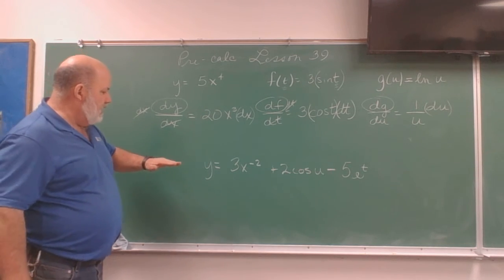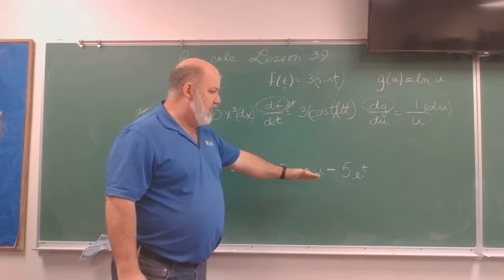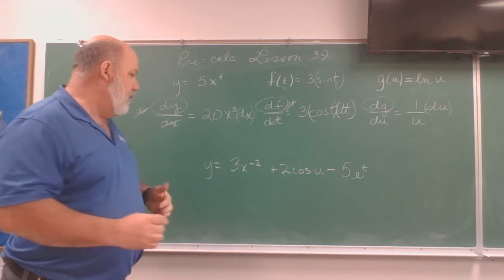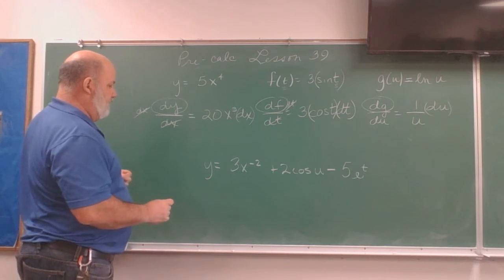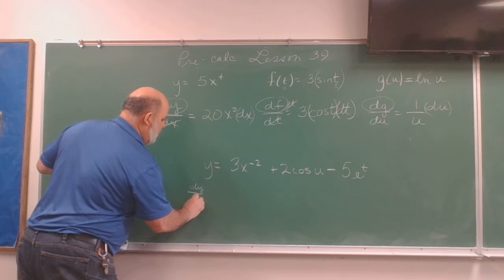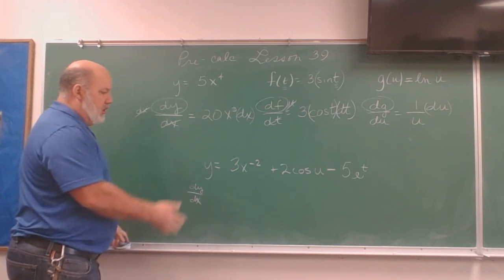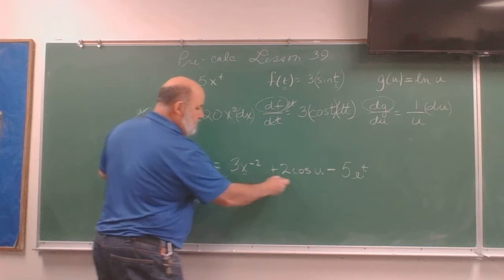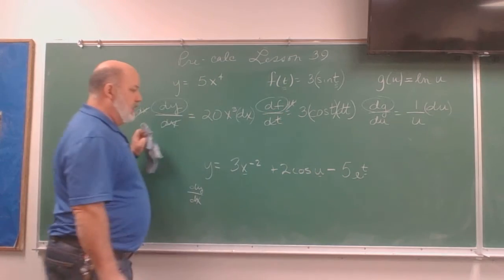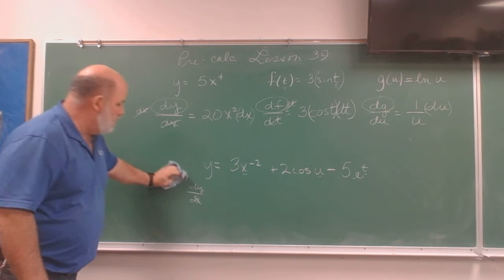It says, if y equals this, find dy. If you were going to find the derivative, okay, you can't say dy over dx because it's going to change. Here we've got x, here we've got u, here we've got not e, but t as our variable.